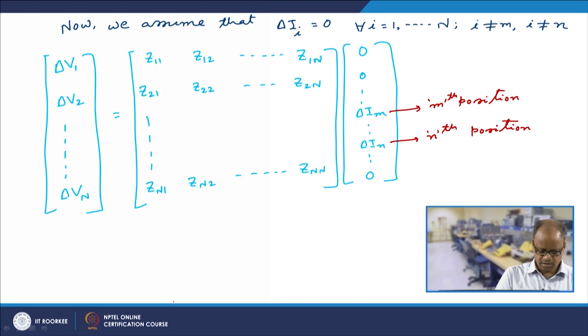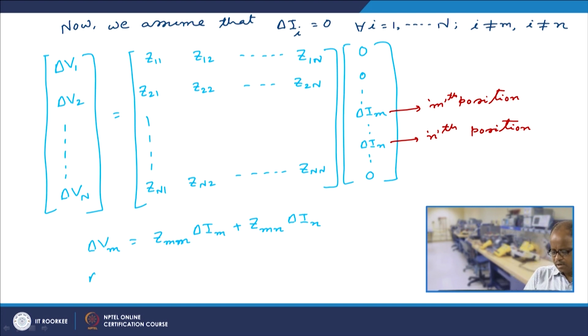So, then from this what can we write down about delta Vm and delta Vn? We can write delta Vm is equal to Zmm delta Im plus Zmn into delta In.